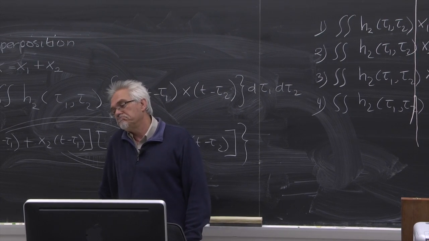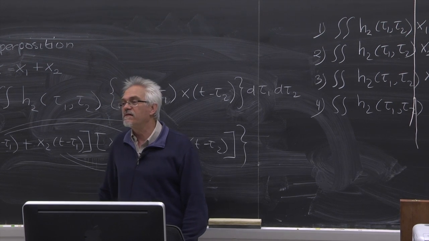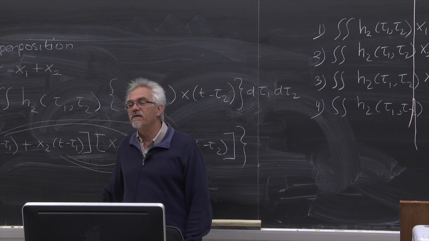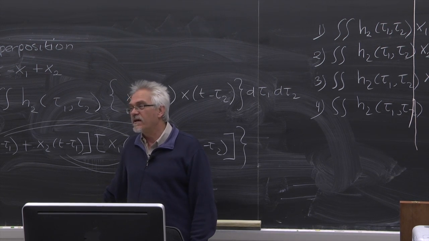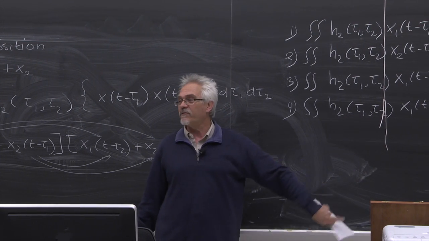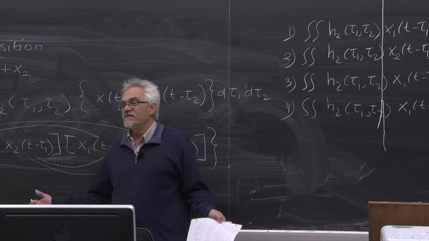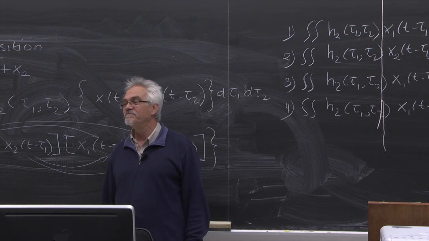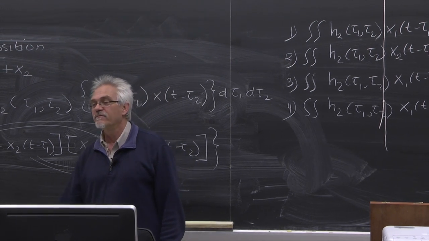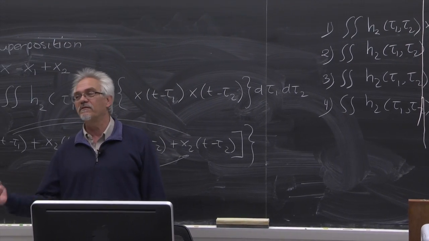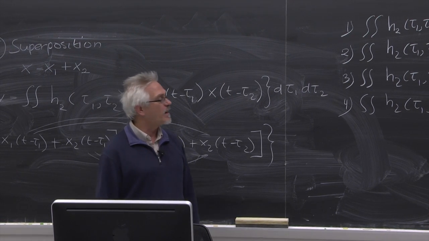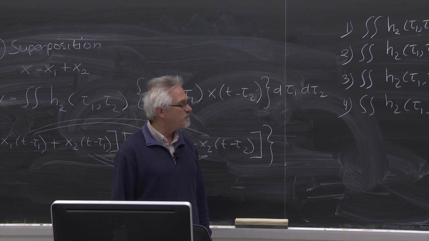I don't think we'll get there this lecture, but the reason, as you may see pretty soon, is that when you have, let's say, a delta function with delay tau 1 and a delta function with delay tau 2, the system doesn't know which is which. So I can interchange them, and that makes it quite intuitive that this function H2 is symmetrical around the diagonal.